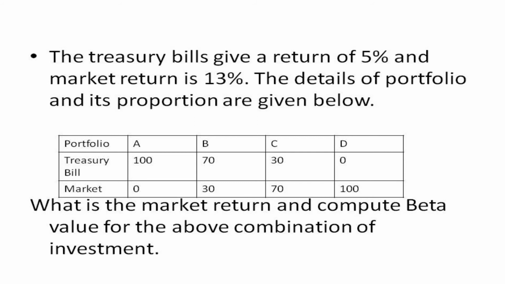Portfolios A to D: treasury bill is 100, 70, 30, 0, and the market is 0, 30, 70, 100. What is the market risk premium, and compute the beta value for the above combinations of investment.